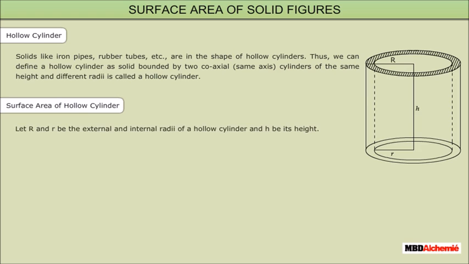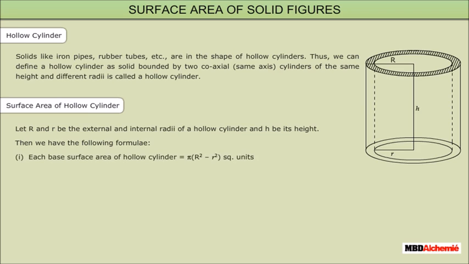Let R and r be the external and internal radii of a hollow cylinder and h be its height. Then we have the following formulae. First, each base surface area of a hollow cylinder is pi (R square minus r square) square units.